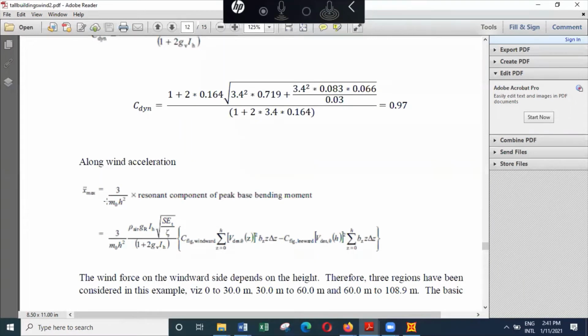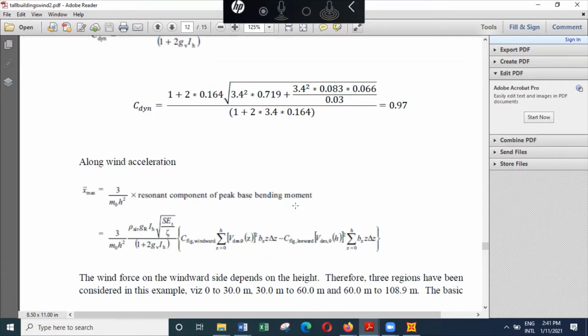So the along-wind acceleration is given by this particular equation, where you can see the mass of the building, height of the building, and the resonant component of peak base bending moment. And we see how to calculate that particular value.